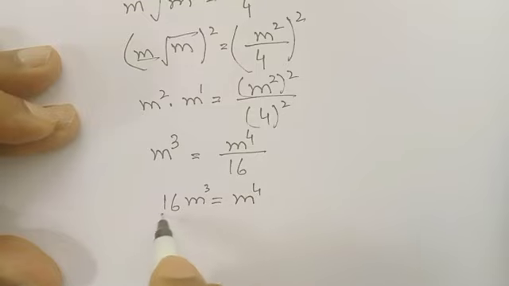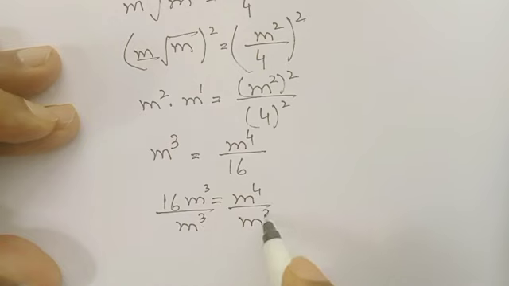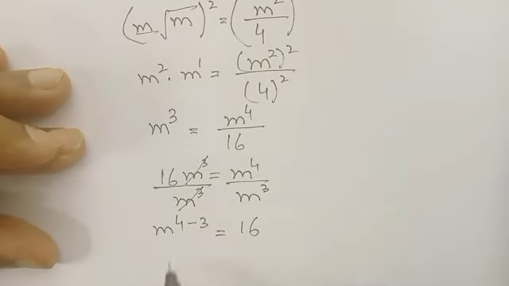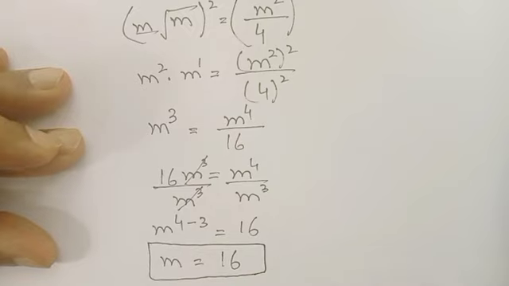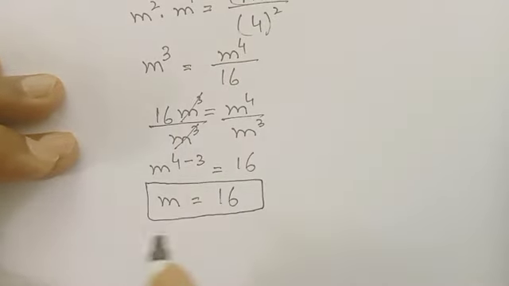So dividing both sides of the equation by m cubed, m to the power 4 minus the power 3 gives m, which is equal to 16. So m is equal to 16. We have found the value of the equation: the value of m is 16.